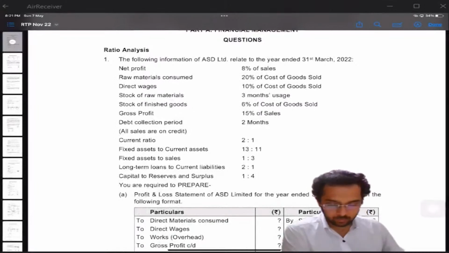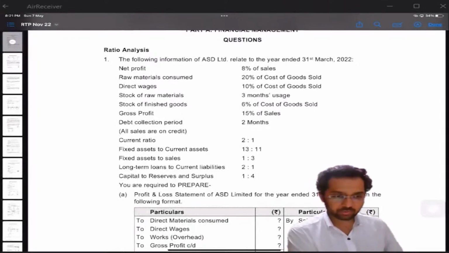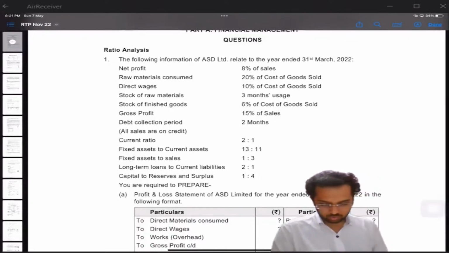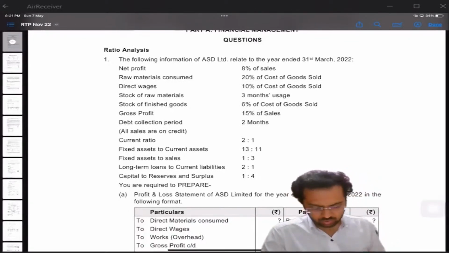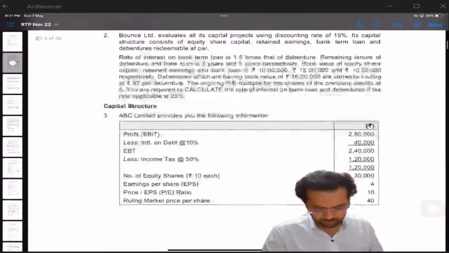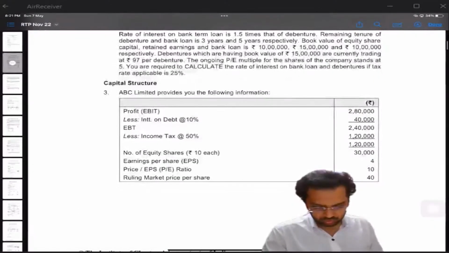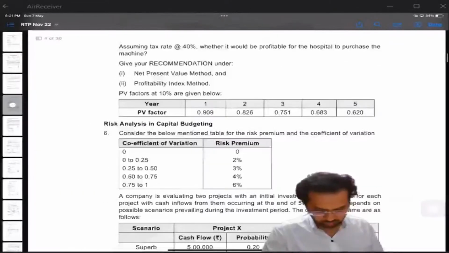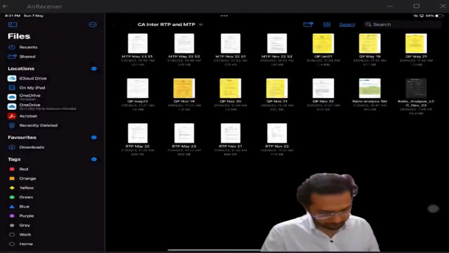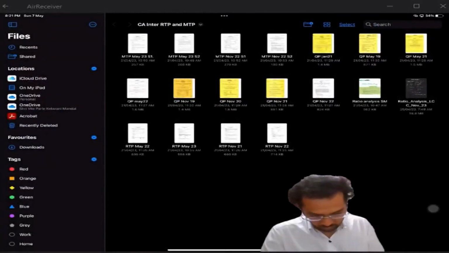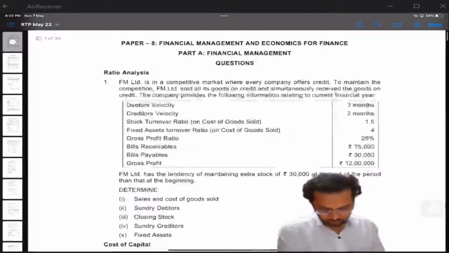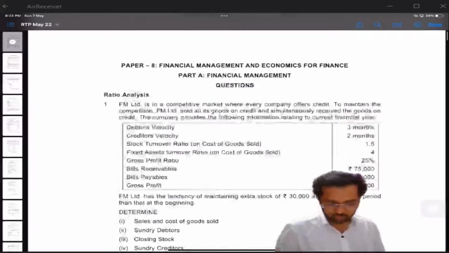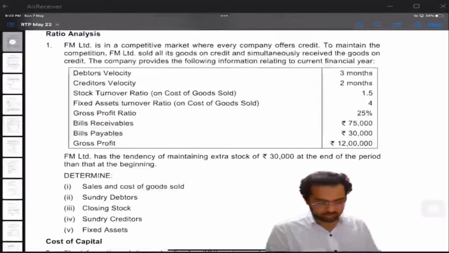You can just try out these questions from the November 22 RTP on ratio analysis. You can also work out a question from the capital structure. Anyways, I'm just looking for some smaller question that we can try to solve. This seems to be a good question. Try out this question, guys.